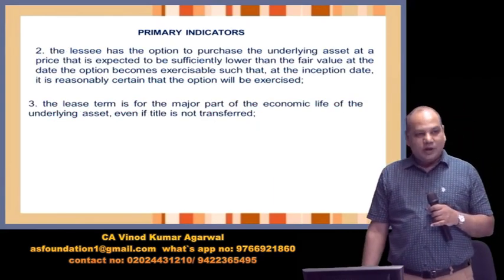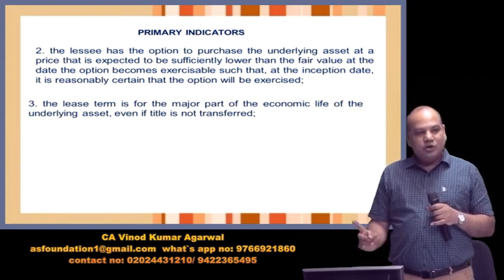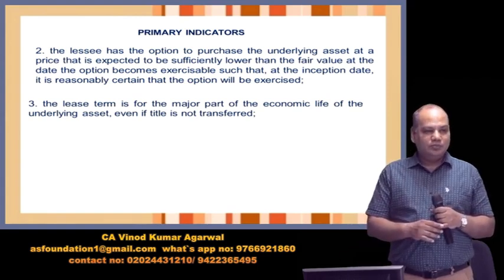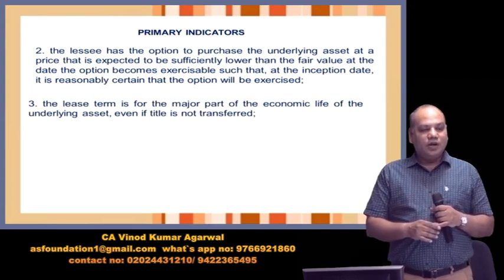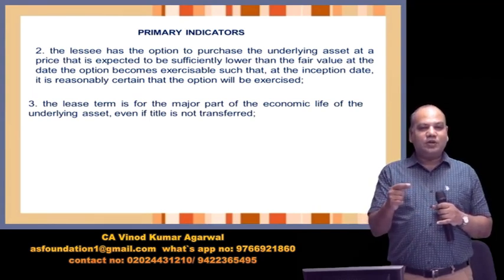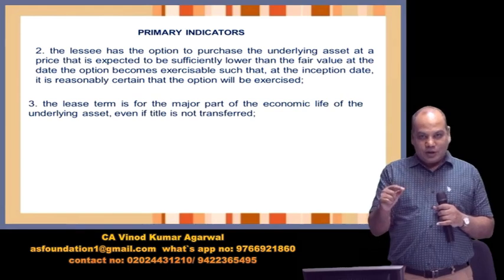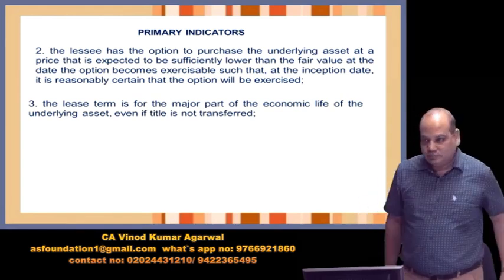What is the second primary indicator, which is similar to the first one? But instead of compulsorily transferring the asset to the lessee, it gives an option to the lessee.